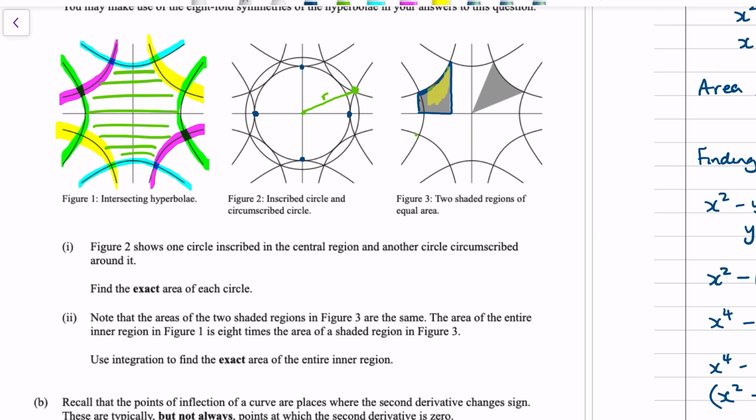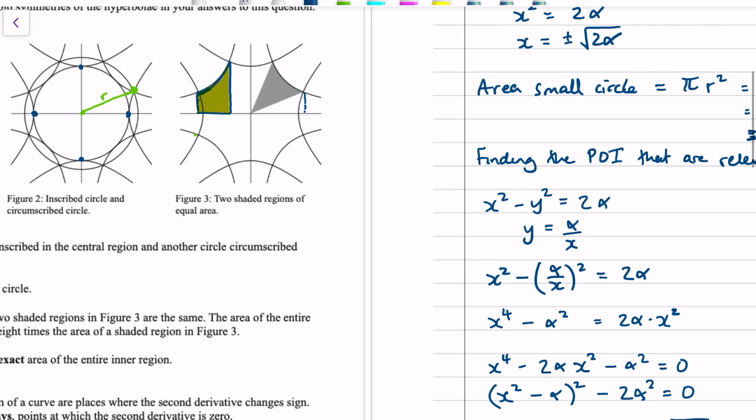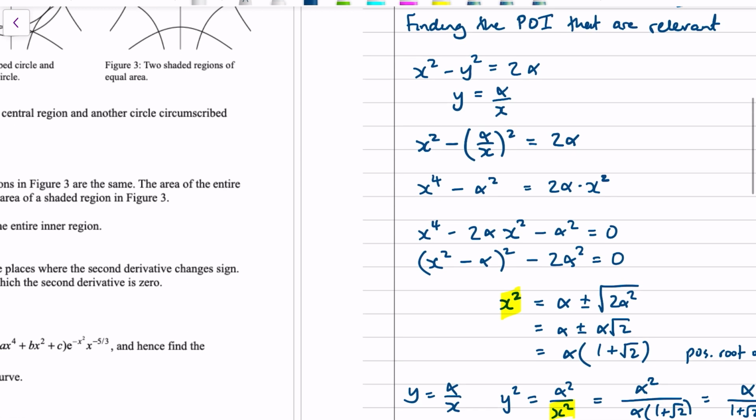So, okay, to find this region in here, we just need to find the intersection points. We've already actually found one of them, because when we solved the green equals the yellow, I came out with x squared equals alpha times 1 plus root 2.